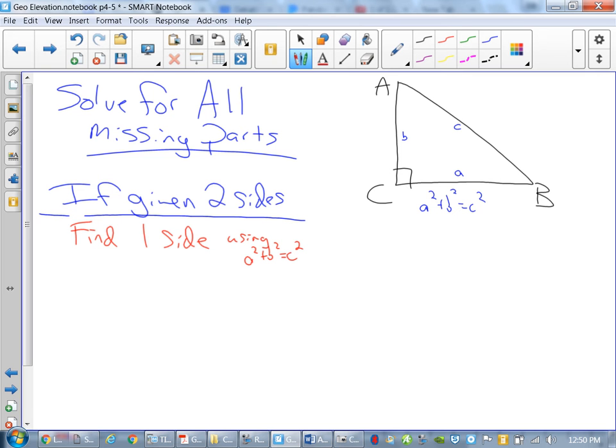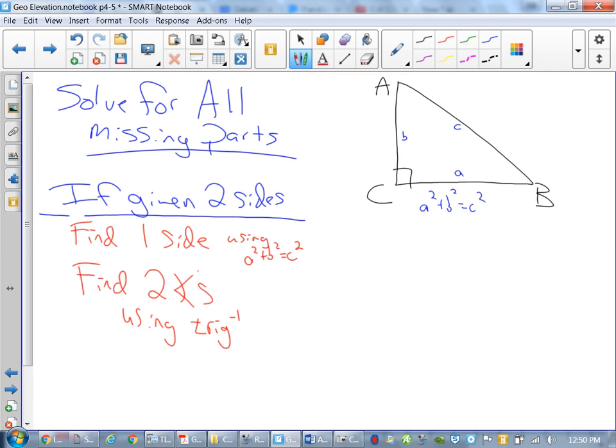So if you're given the 2 sides, find the 3rd one just using Pythagorean theorem. A squared plus b squared is c squared. Then you also have to find 2 angles using trig inverse. Because in order to find an angle, you have to use the inverse function. Okay?